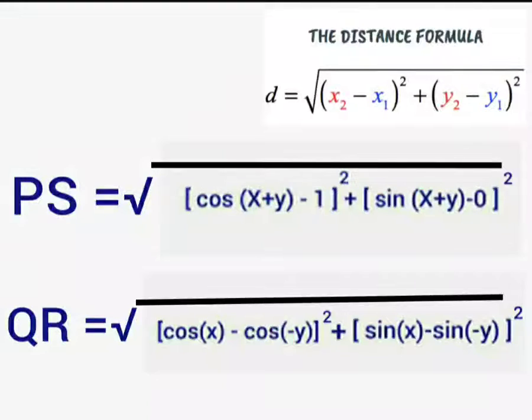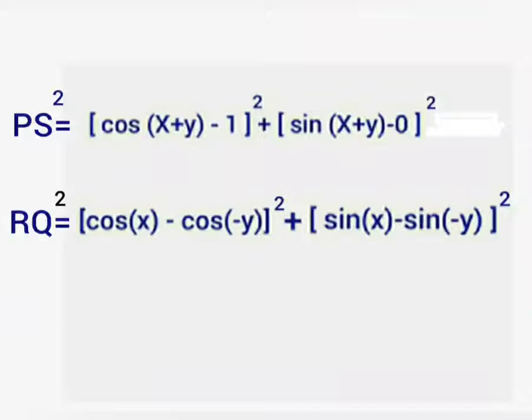Now on squaring PS and QR, we get PS square is equal to (cos(x + y) - 1) whole square plus (sin(x + y) - 0) whole square, and QR square is equal to (cos x - cos(-y)) whole square plus (sin x - sin(-y)) whole square.